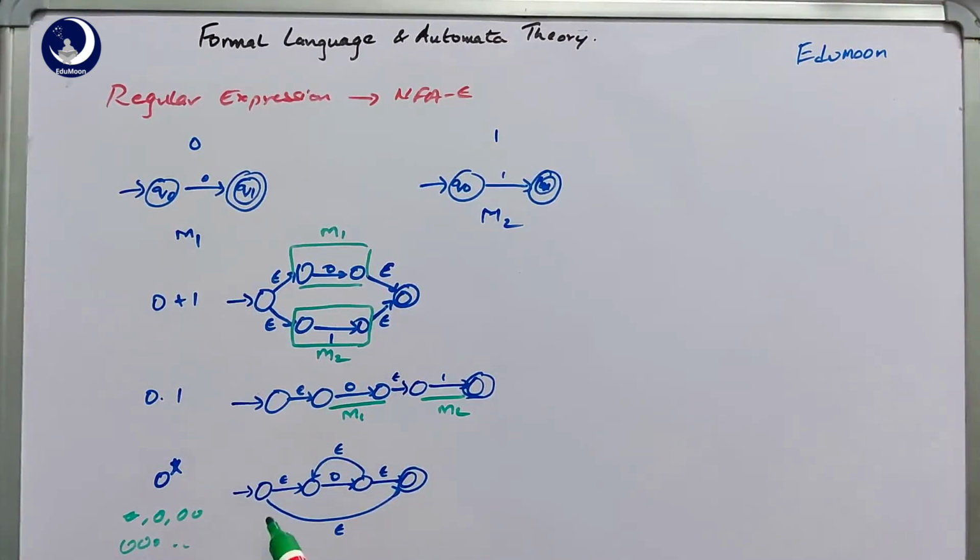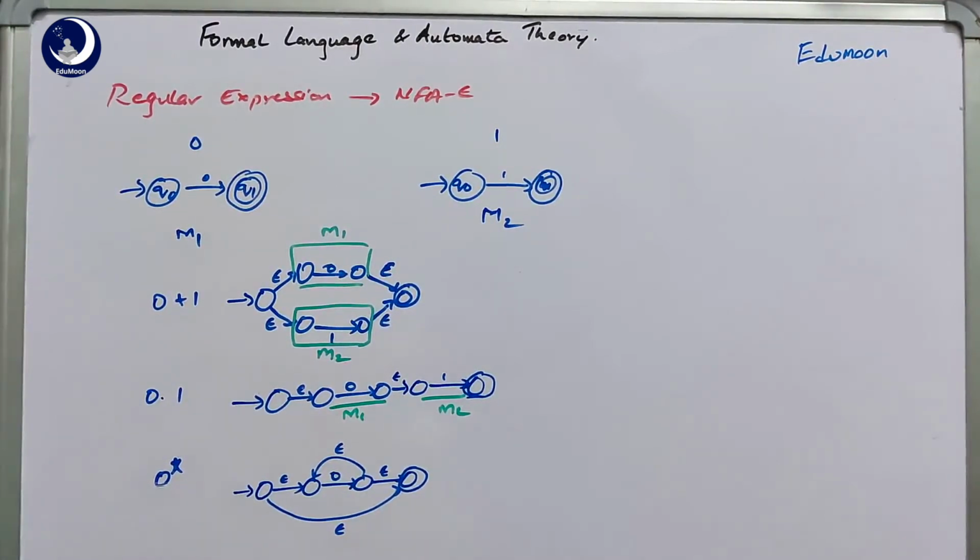With the epsilon move you can go to the final state, or else if there is a 0, with the epsilon move you come here, get forwarded with the 0 and it gets accepted. If there are two zeros, after reading the first symbol you come back with an epsilon move, read the second symbol 0 and then go to the final state. So any number of zeros will be accepted in this loop, and finally it goes to the final state. This is how we design 0 star.